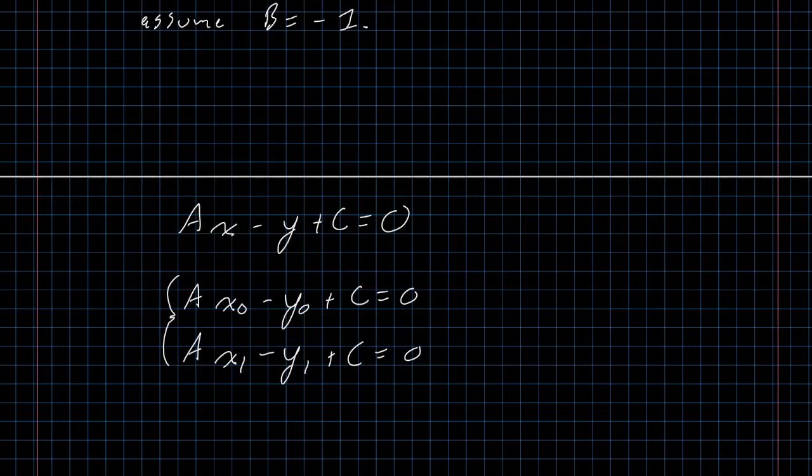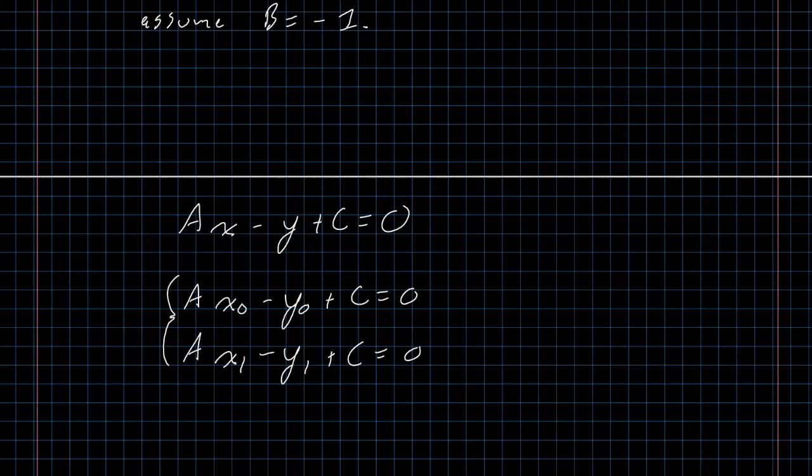I know that x naught, y naught has to satisfy this equation, so I'm going to plug in x equals x naught, y equals y naught. I also know that x1, y1 has to satisfy this equation, so I'll plug in x equals x1, y equals y1.